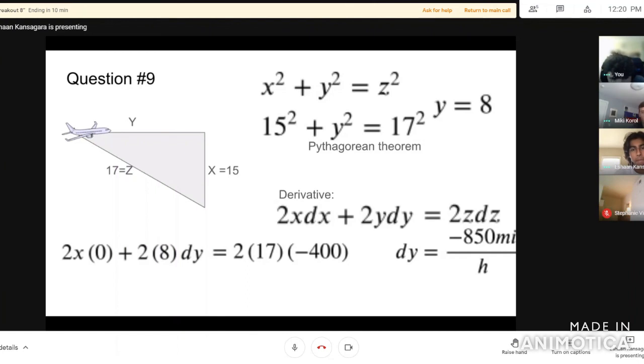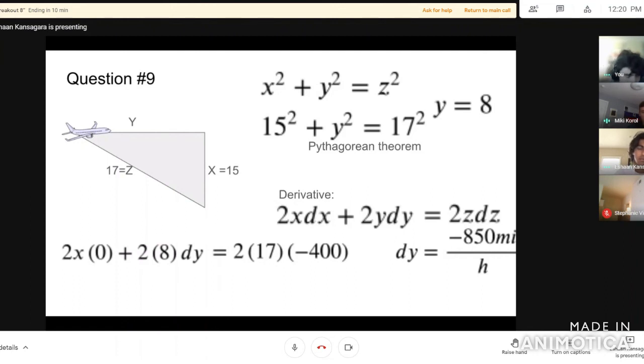And then to find how fast the variables are changing, take the derivative of the Pythagorean theorem, and you get 2x dx plus 2y dy equals 2z dz. So plug in values that you have, and you know that x is not changing, so dx is 0, so that's going to cancel out.